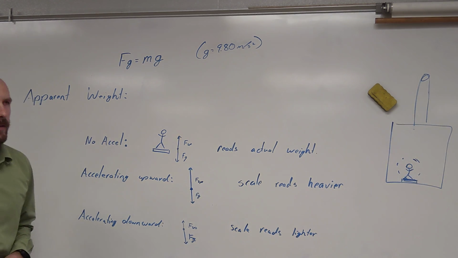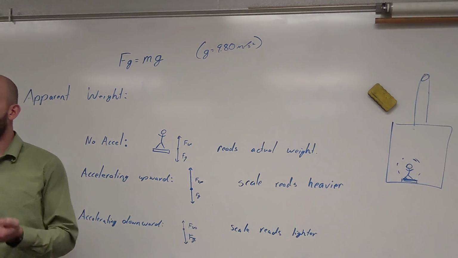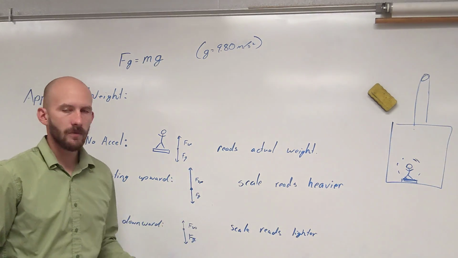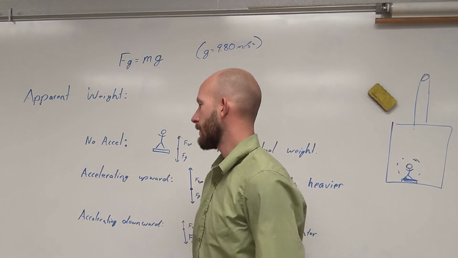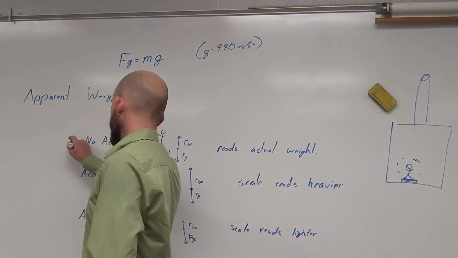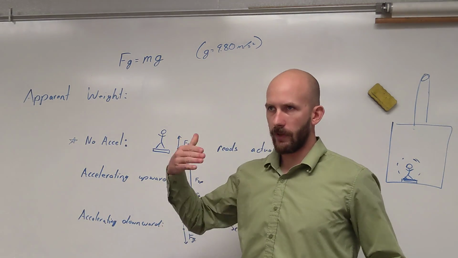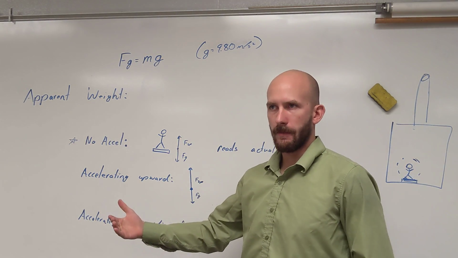The thing that might make this a little bit more confusing is that there's a couple different scenarios that each of these things can happen in. For example, this no acceleration can happen if the elevator is completely at rest, right?